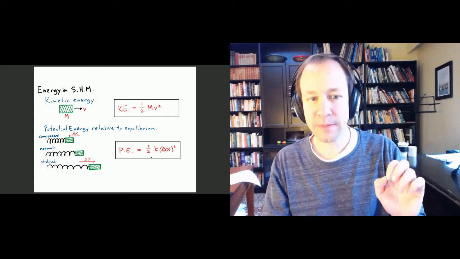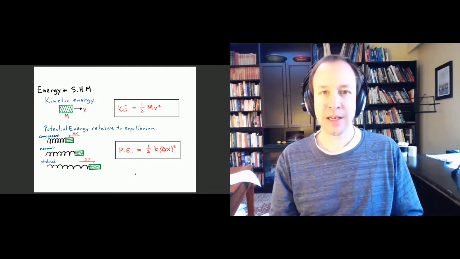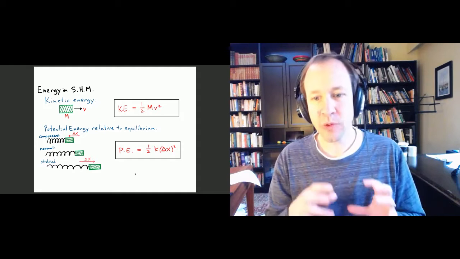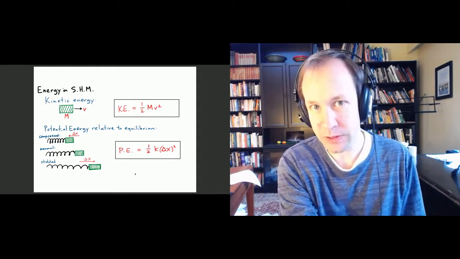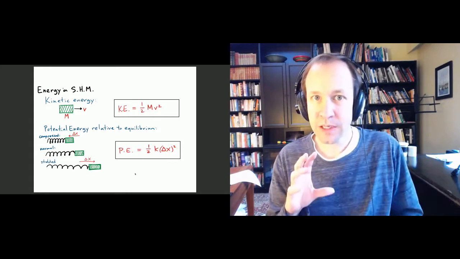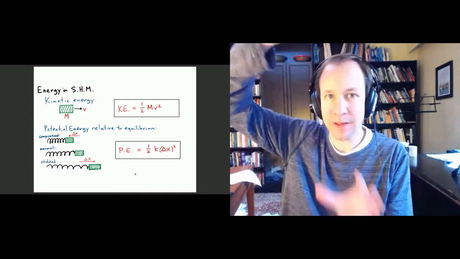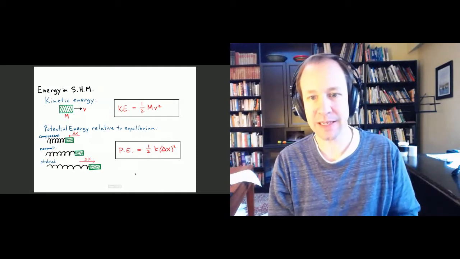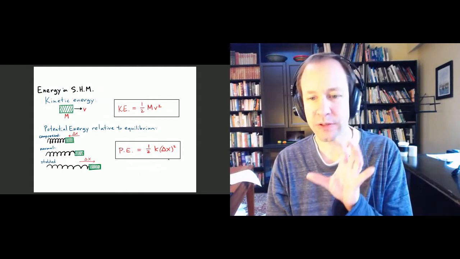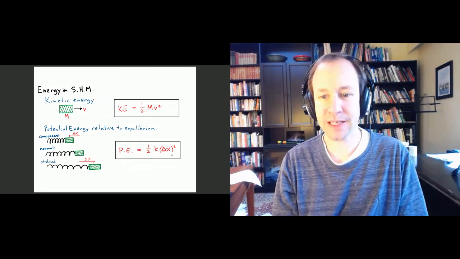One thing that I wanted to point out is that this formula for potential energy, you could actually use this in more general situations other than just having a simple spring. Okay, so basically any time when we have simple harmonic motion, even if there are other forces involved, like in our example of the air leg, you could still understand that there's some potential energy.